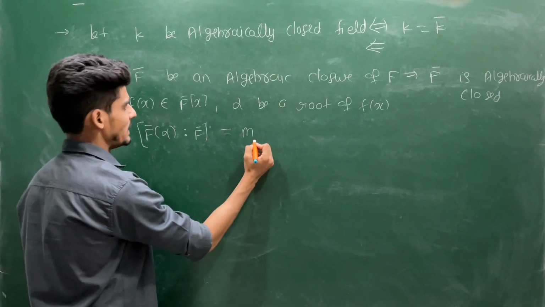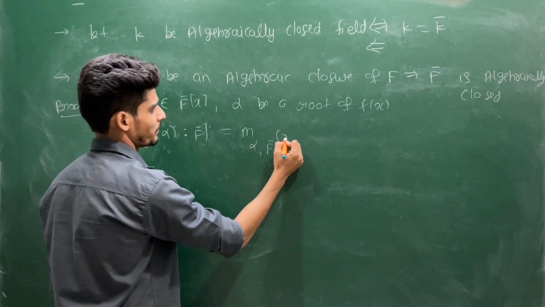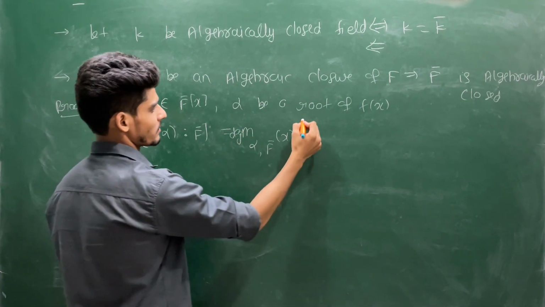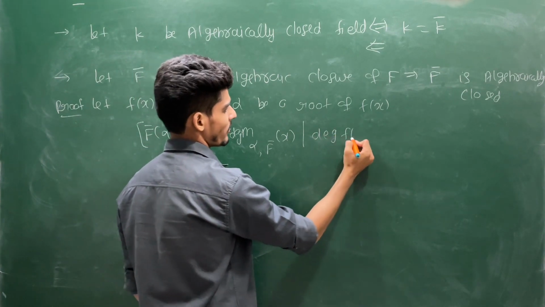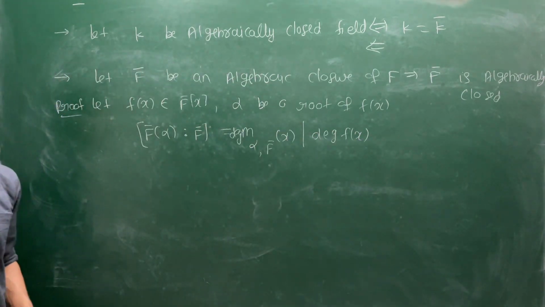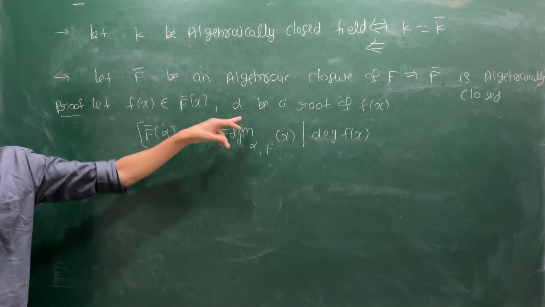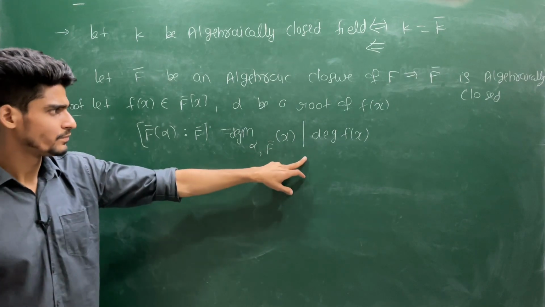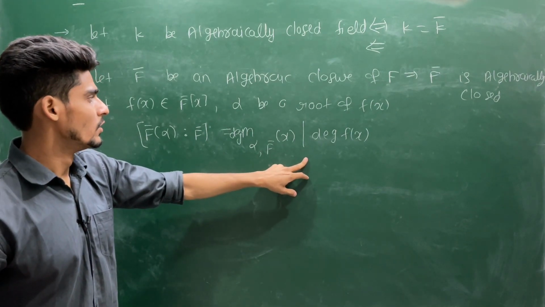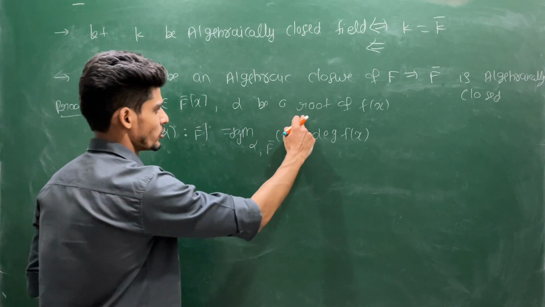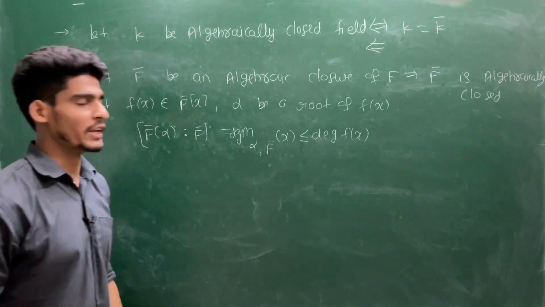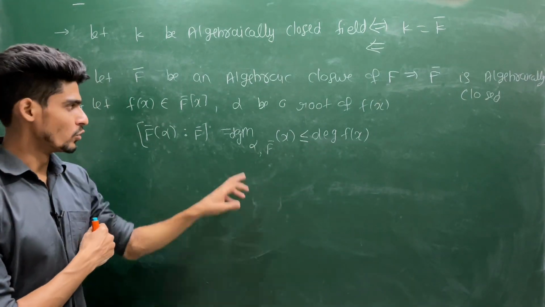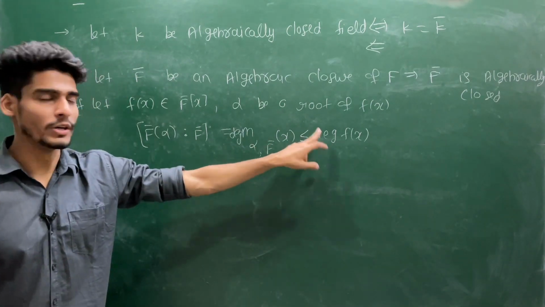This will be the minimal polynomial of alpha over F bar[x]. So it should be degree, and this must divide the degree of f(x), because f(x) is a polynomial defined over F bar[x] and contains alpha as a root. So the degree of the minimal polynomial should be less than or equal to the degree of f(x), because the minimal polynomial of alpha over F bar divides f(x).